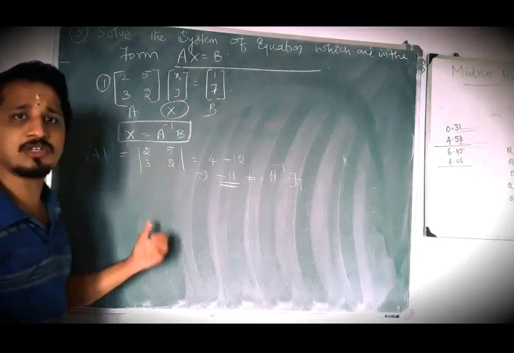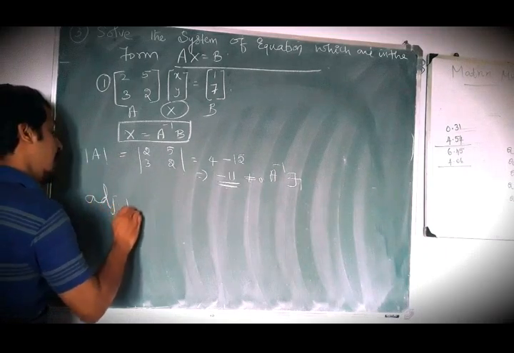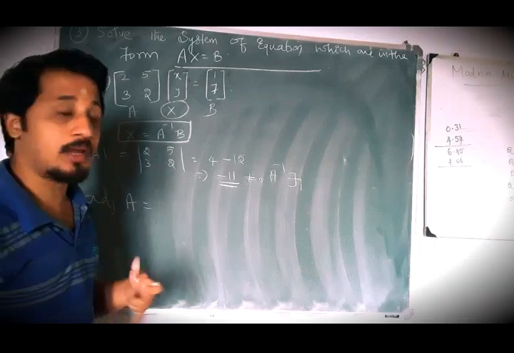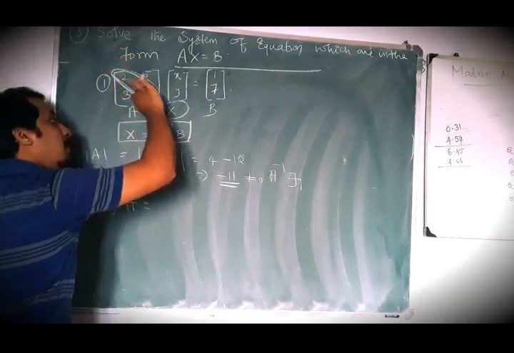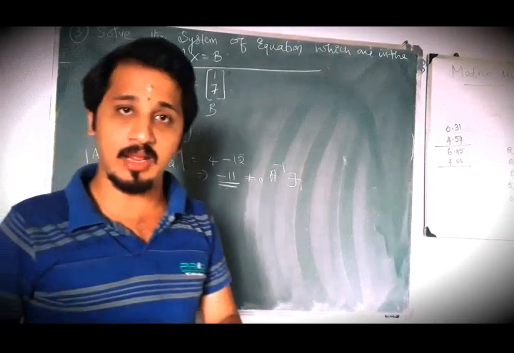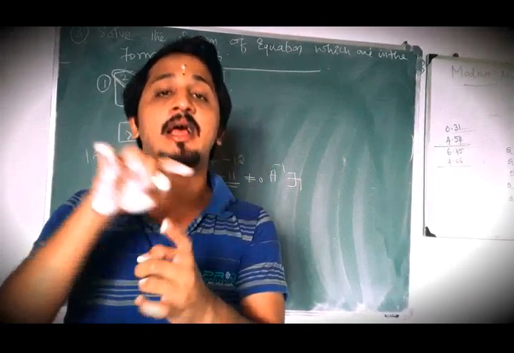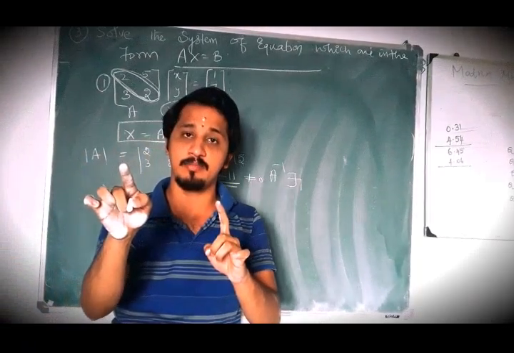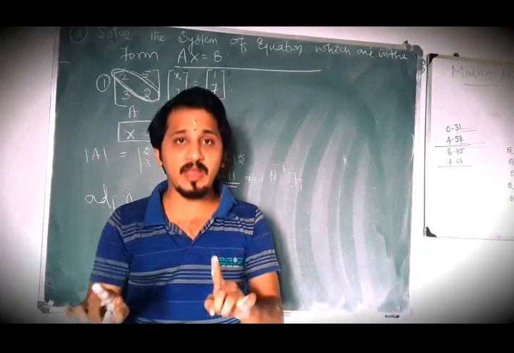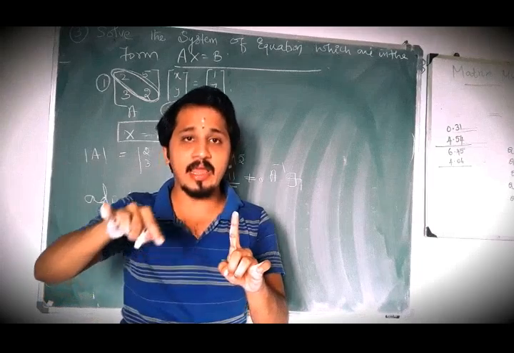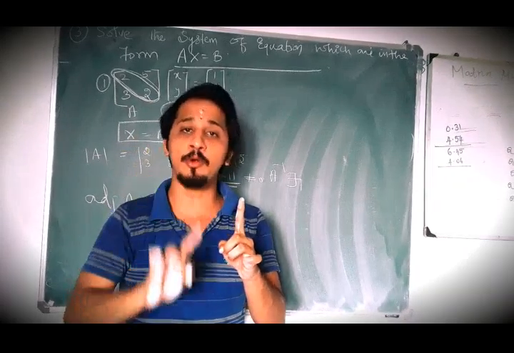Now to find A inverse, for a 2 by 2 matrix there is no minor and cofactor. How to find the adjoint? For a 2 by 2 matrix, the principal diagonal elements you have to interchange, and for the remaining elements you have to put a minus.